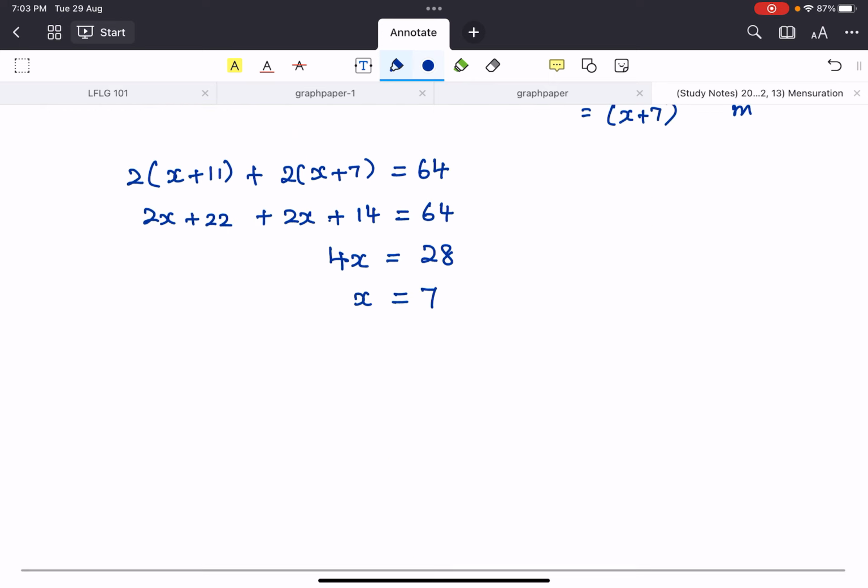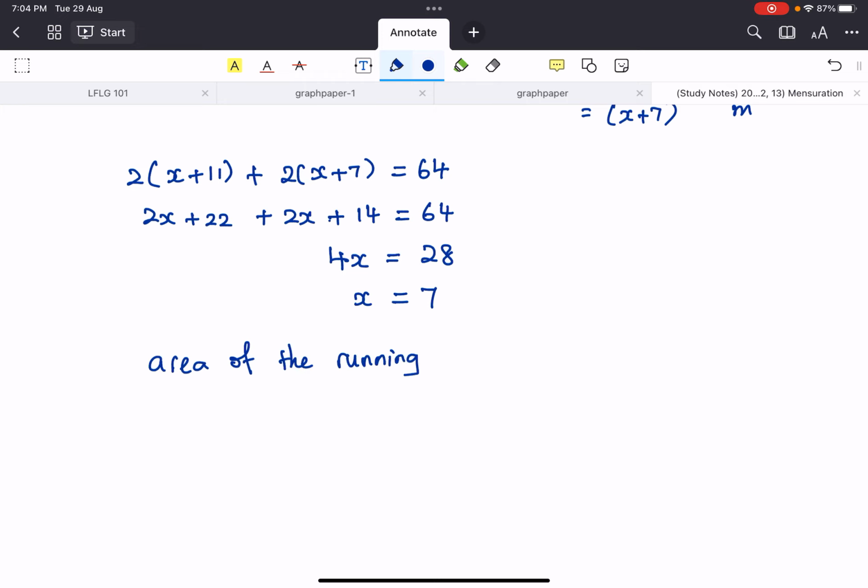So the area of the running path is going to be equal to the area of the entire park, which is x plus 11 multiplied by x plus 7, minus away the square field in the center, which is x squared.